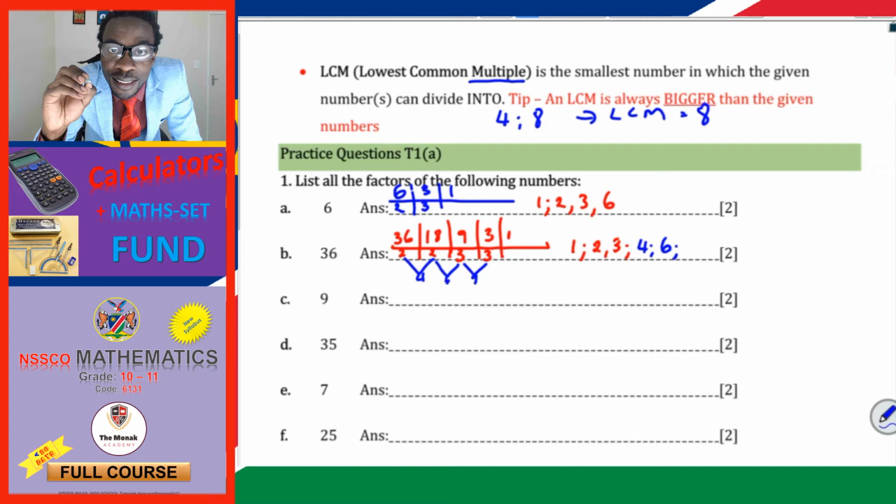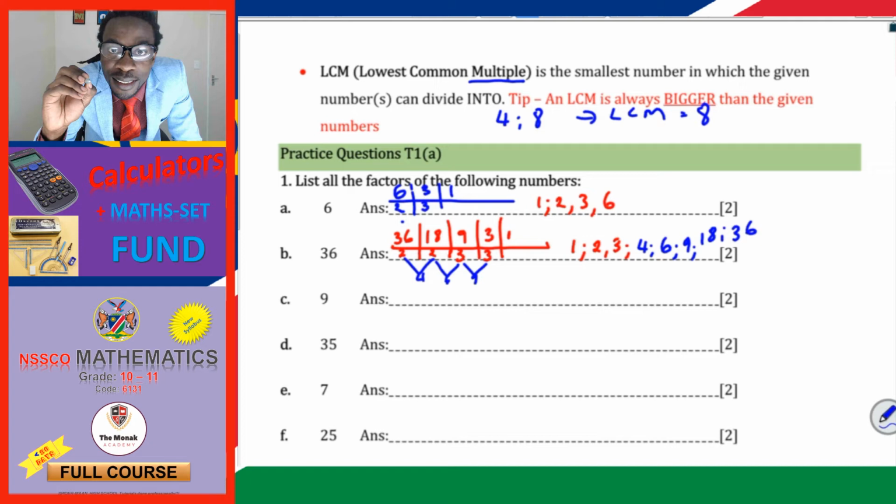That will also be a factor. And then we also have the 18 that we have here. And we have the 36 that we have here. So all the factors of 36 are 1, 2, 3, 4, 6, 9, 18, and 36.